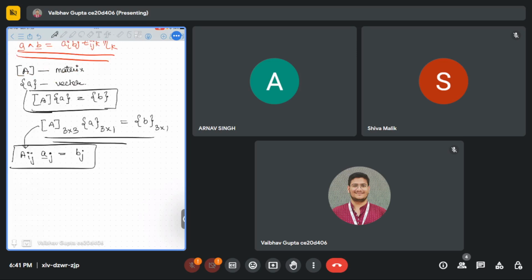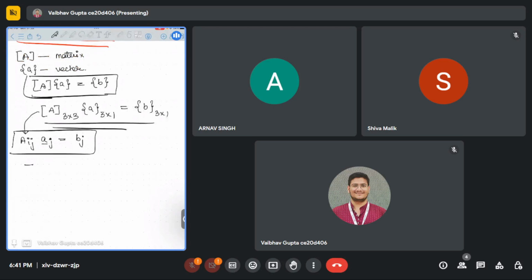Now, how we are getting it, I'll tell you. Suppose A is 1, 2, 3, 4, 5, 6, 7, 8, 9, and the vector is 1, 2, and 3. So how will you multiply the matrix?